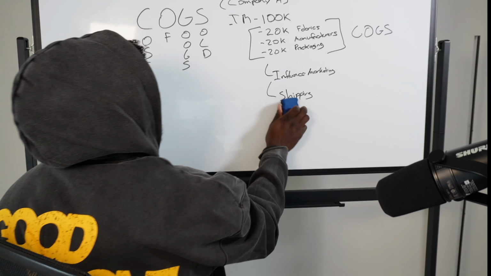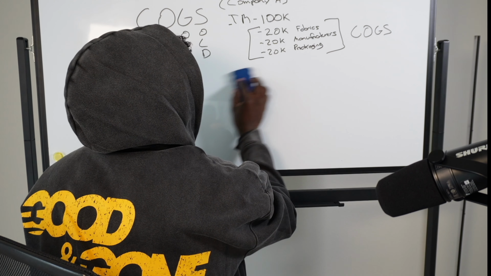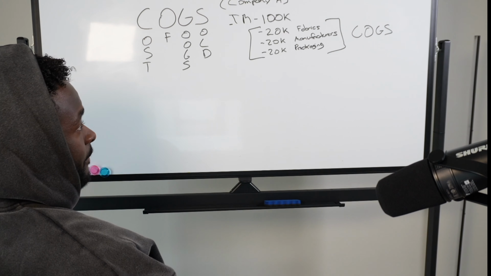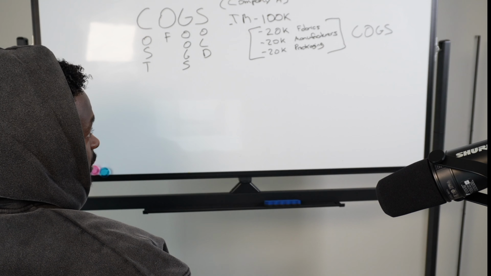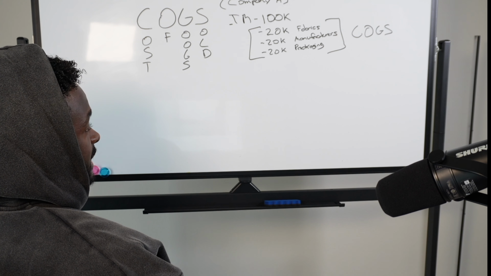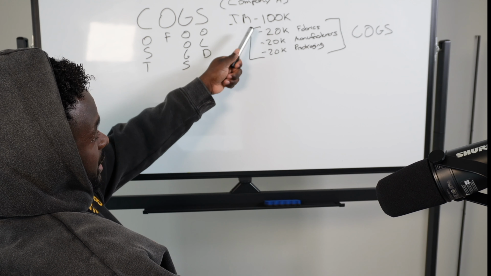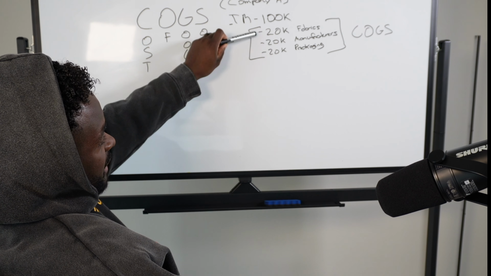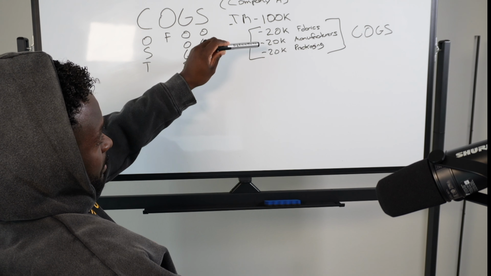Now, let's stick to this example. We've seen that our total revenue was $100,000. We made $100,000, and we spent 20K on fabrics, 20K on manufacturers, 20K on packaging.